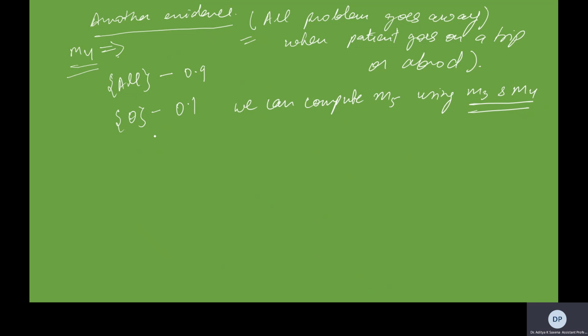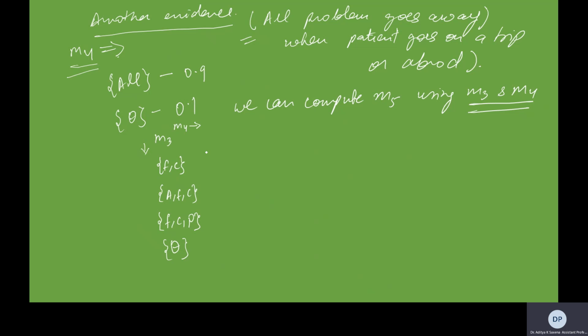You write M3 values here and M4 values here. So what are the M3 values? FC, AFC, FCP, CP, and theta.